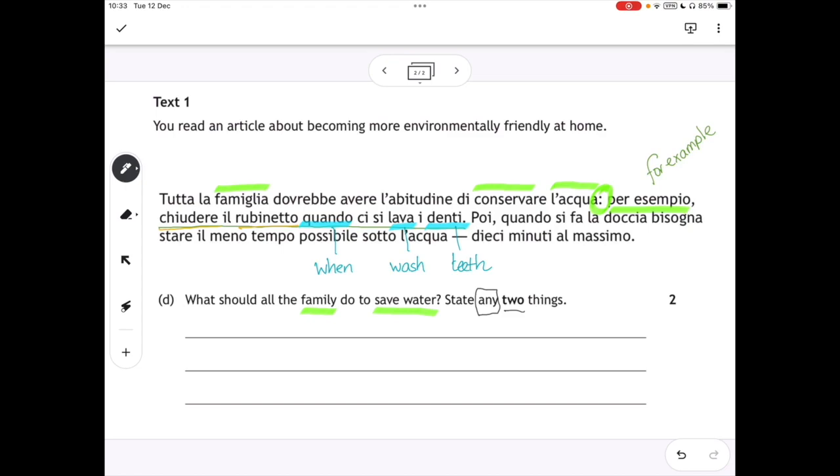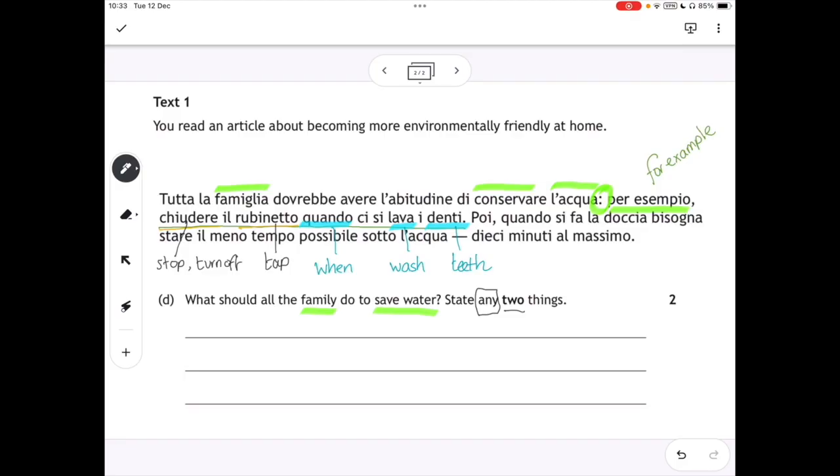So for this word here, I was given a few meanings. I was given stop. I was given turn off. And for this word here, I was given the word tap. Now, I don't feel I need to look up any more because I feel I have all of the elements required now to give me the answer.